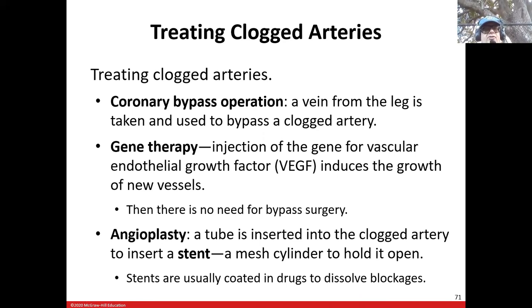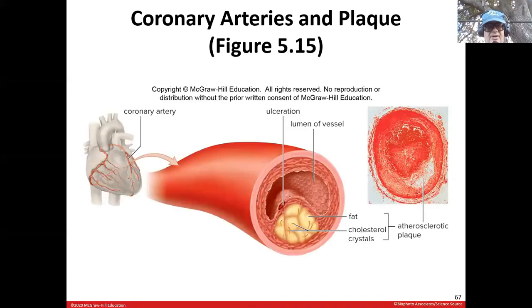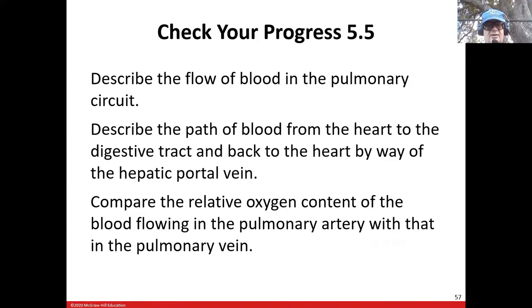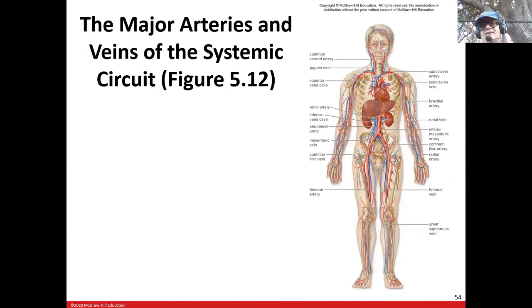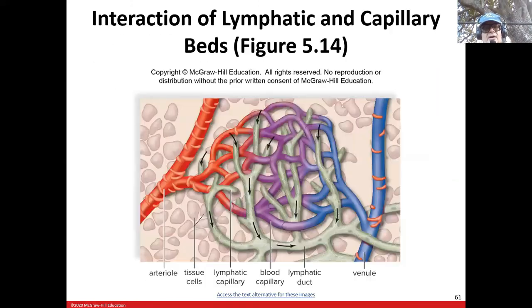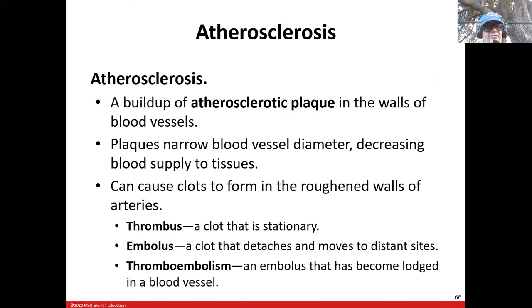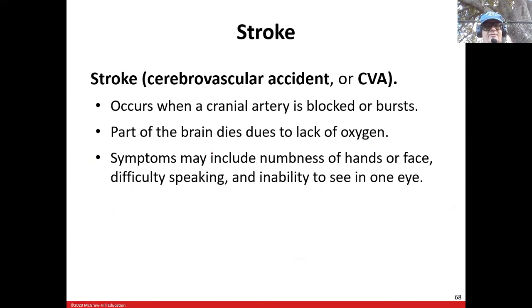So how do you treat clogged arteries? They could do a coronary bypass. It says a vein from the leg is taken, and that's probably going to be your great saphenous vein. Anyway, but yeah, they'll take a vessel, usually a vein from the leg. They'll remove it.